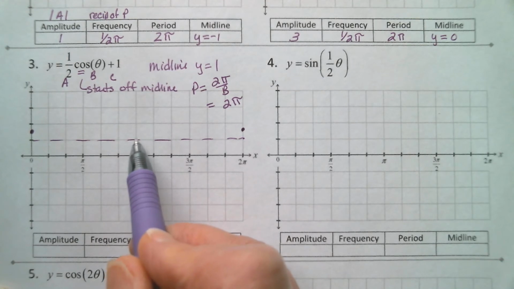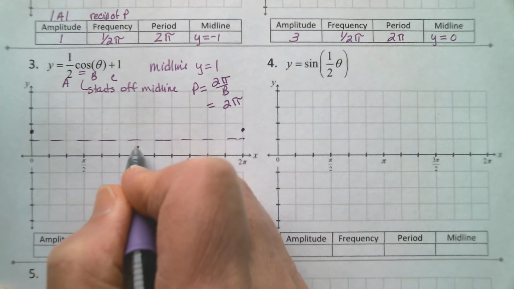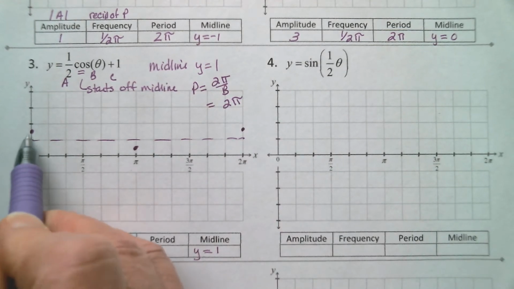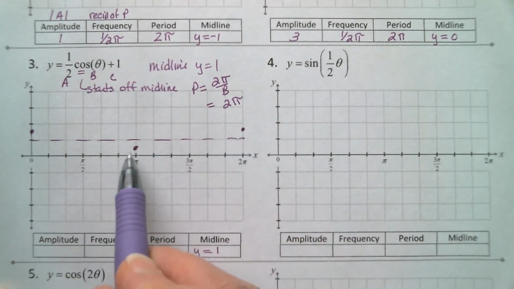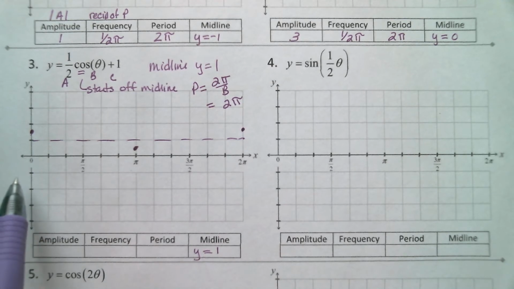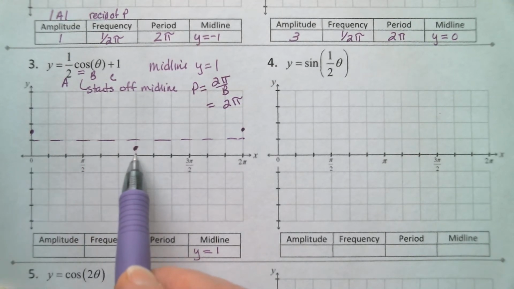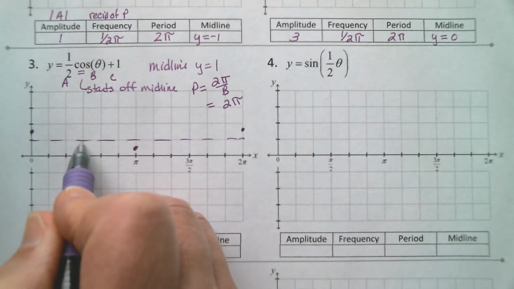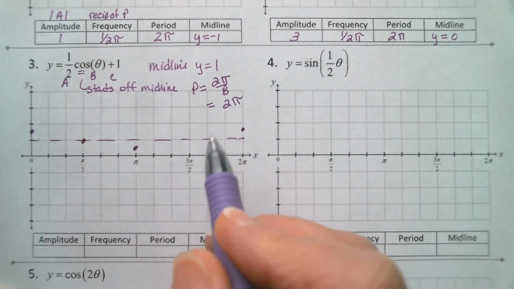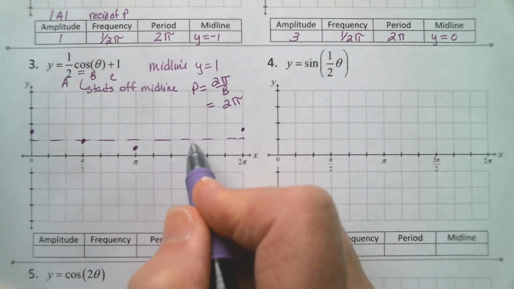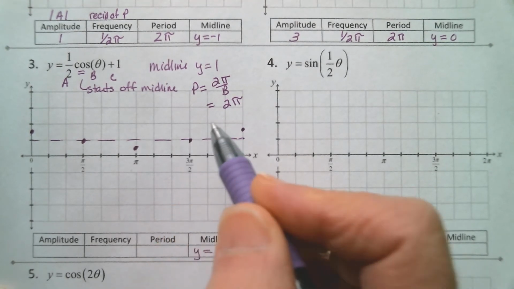And midway between at pi radians, it's going to be half a unit below its midline. Start, end, middle, and now between 0 radians and pi radians, it will be on the midline, and between pi and 2 pi, at 3 pi over 2 radians, on the midline.